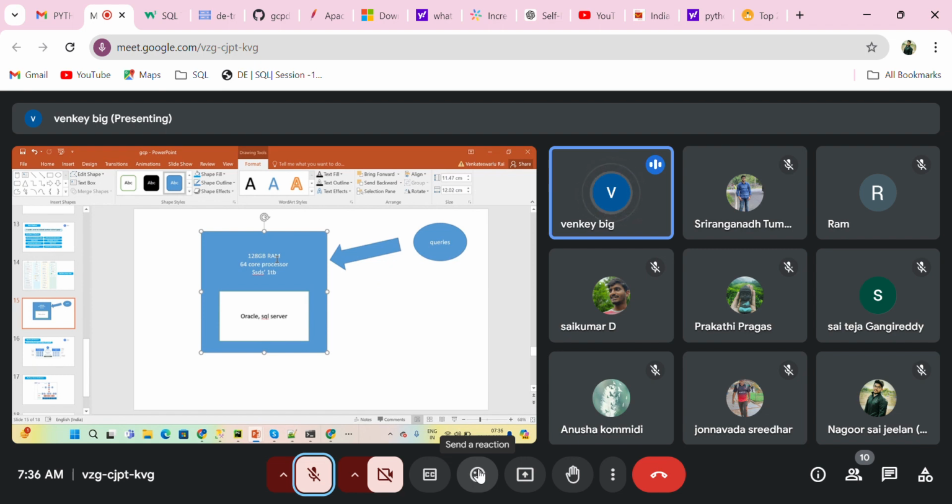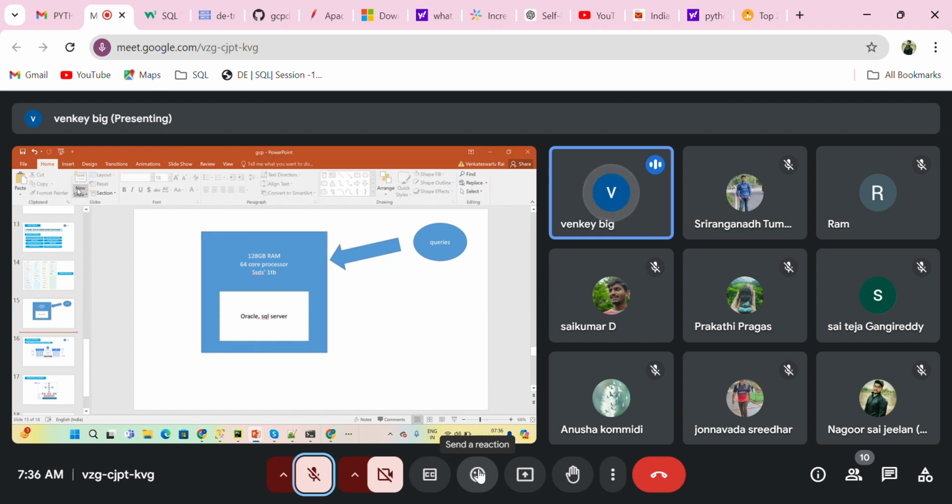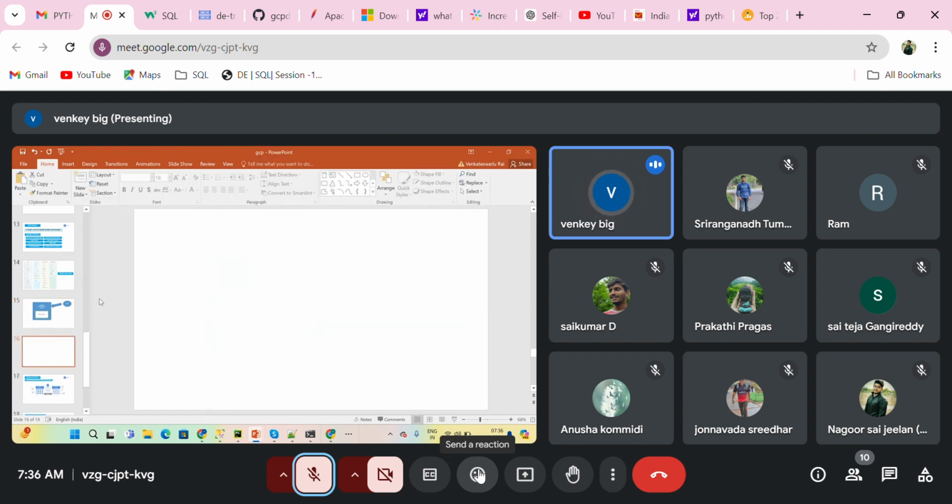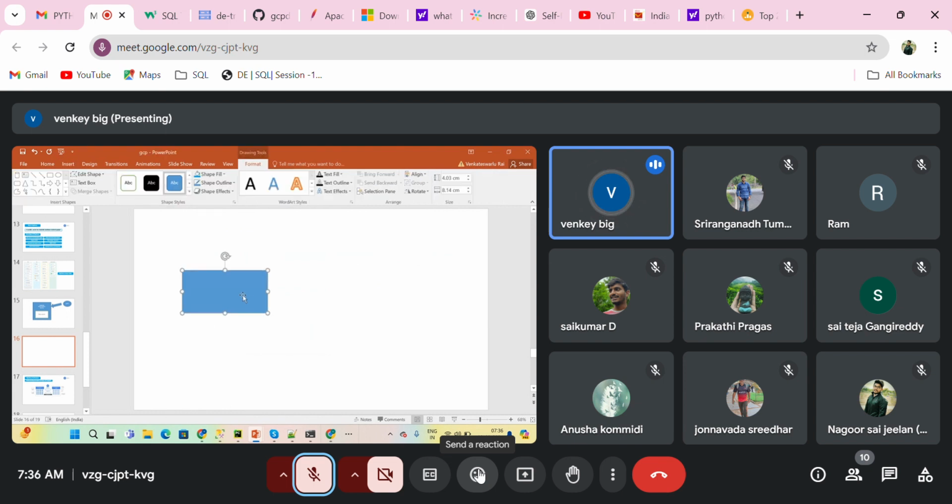But in cloud, what will happen? In the cloud, the storage and compute will be decoupled. Be very, very clear. Storage will be in some place, and compute will come from some other nodes. This is what cloud will follow.